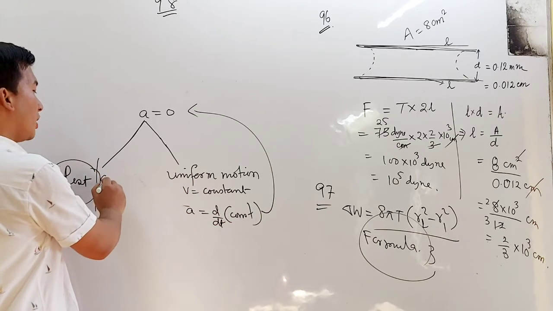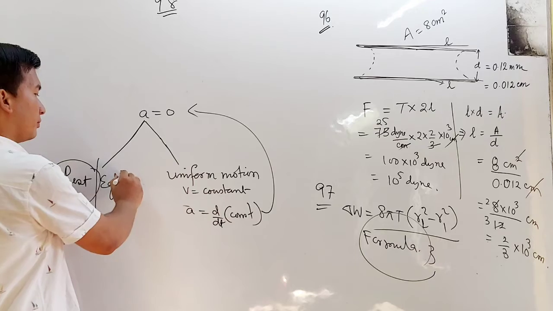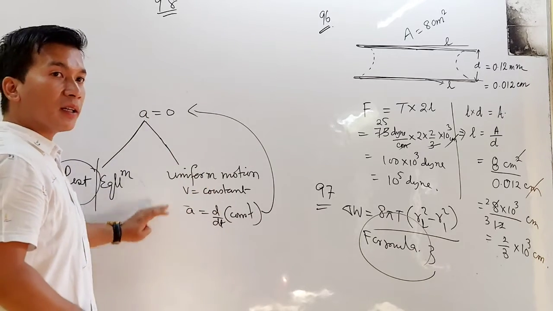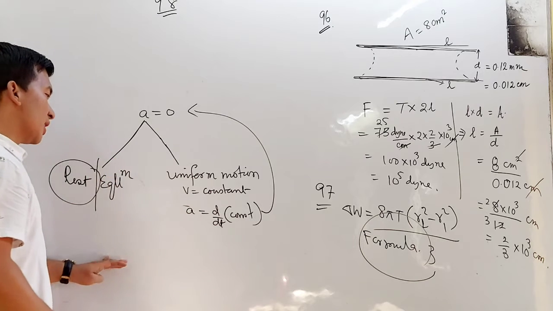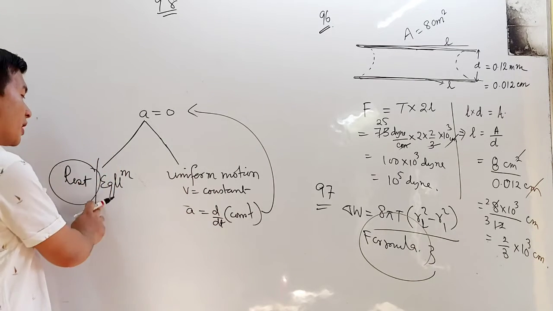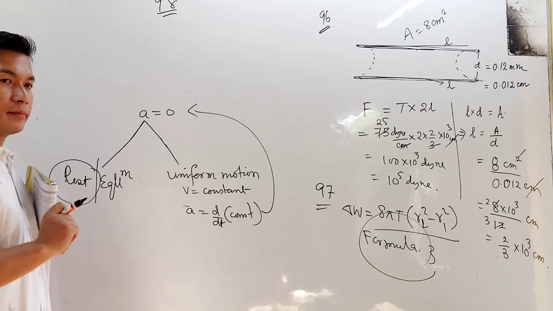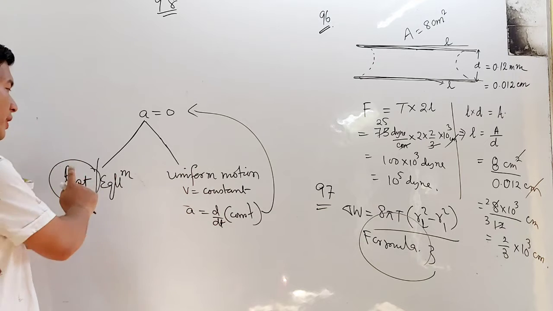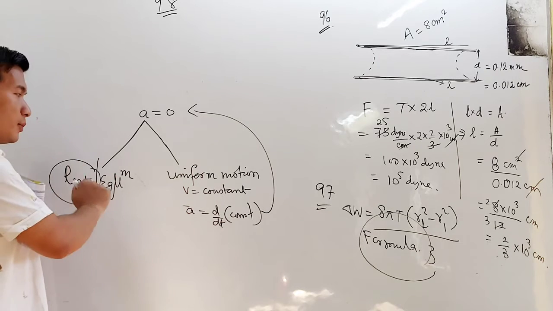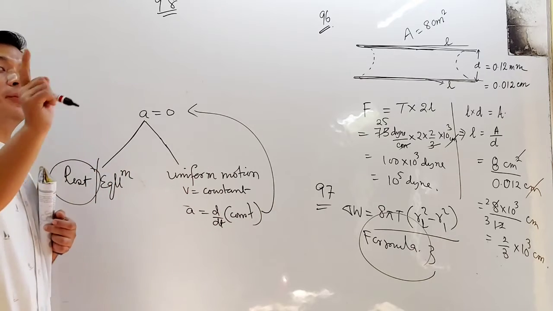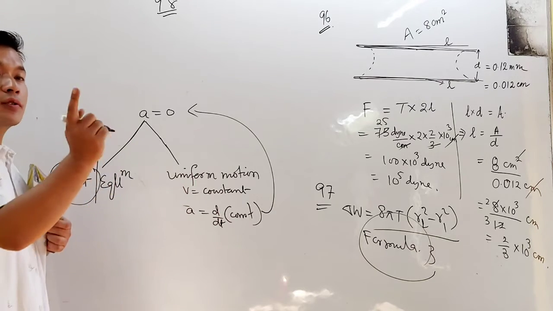The second is the equilibrium condition. What is the difference between rest and equilibrium? There is one similarity and one difference between rest and equilibrium. In both cases the acceleration will be equal to 0, the position will not be changed, and velocity will be 0.